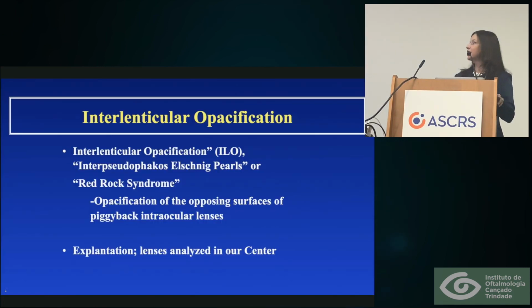So let us start with interlenticular opacification, and this is the opacification of the opposing surfaces of piggyback intraocular lenses. This led a few years ago to the explantation of many pairs of intraocular lenses, which were analyzed in our laboratory at the Moranai Center.